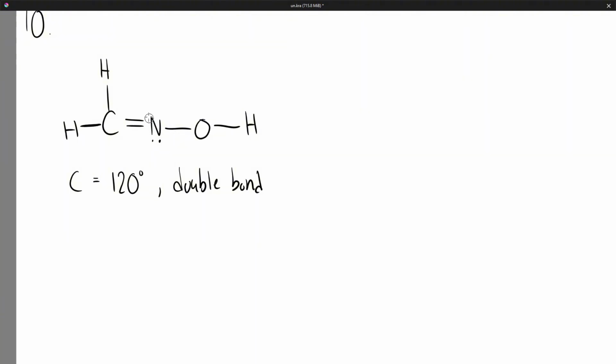And for this nitrogen here, you should expect to see deviations on the lone pair. Since its shape is bent, you wouldn't see a deviation in the double bond like you did for carbon. So the bonds should be less than 120 degrees and deviations at the lone pair.